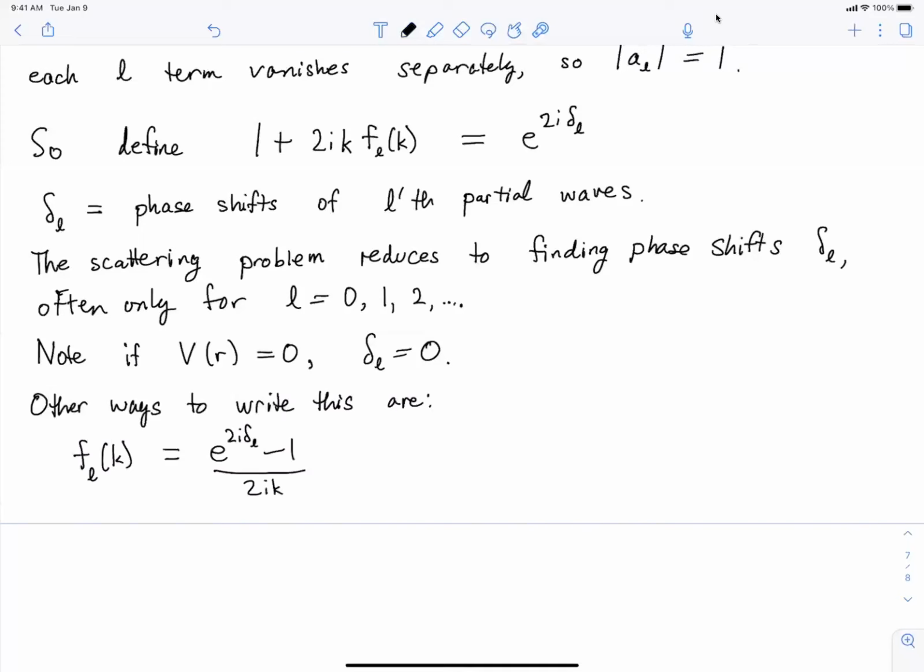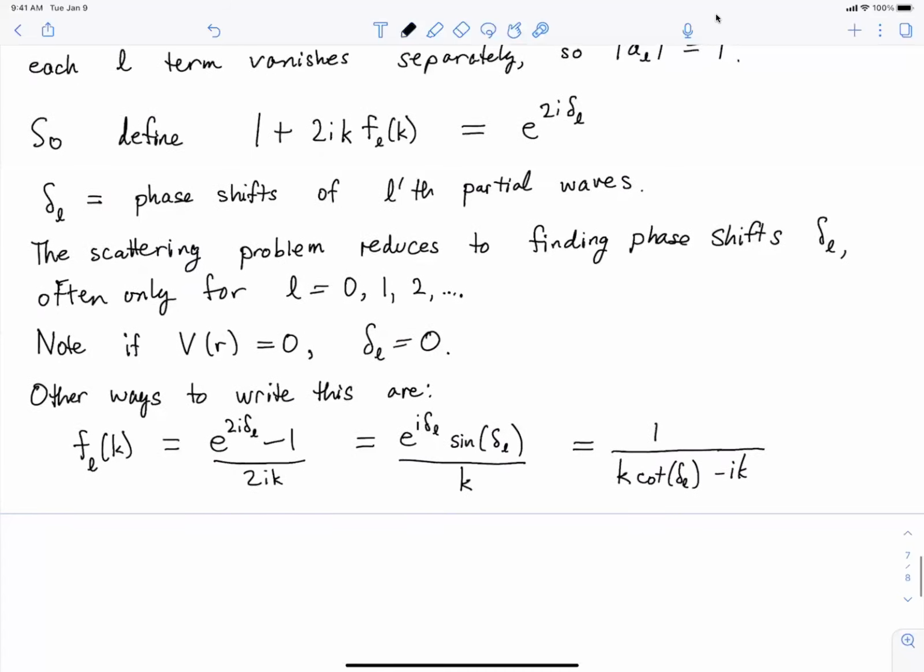Or I can rewrite that as, and this is the expression we're going to use for the rest of today. And then in a future lecture, we'll make use of it written in a slightly different way. All of these are just related by trigonometry, but here's a different way of writing it. If you just expand out the e to the 2i delta L, all those other things are equivalent.